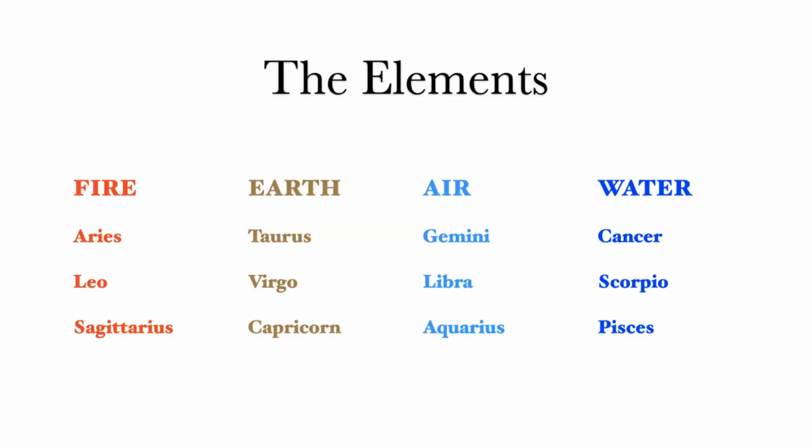But it's also only one part of our nature. So the more detailed way to look at your elemental makeup is to look at where the whole of the chart falls.